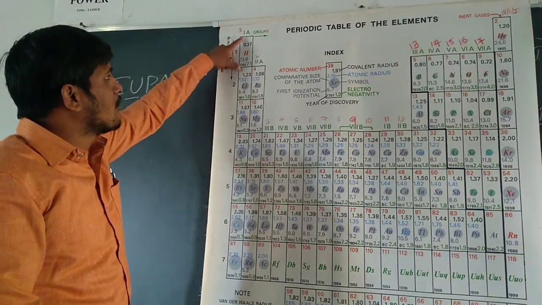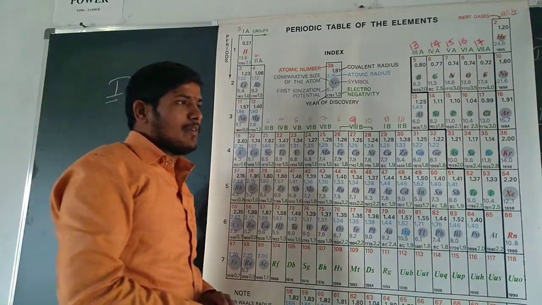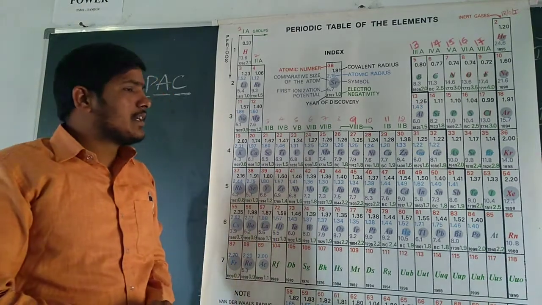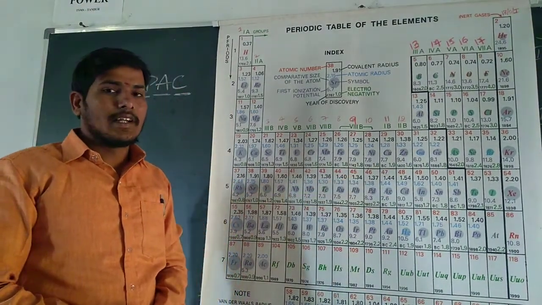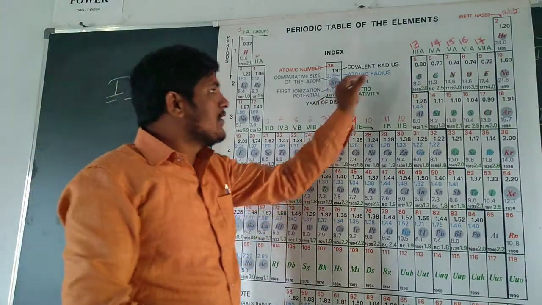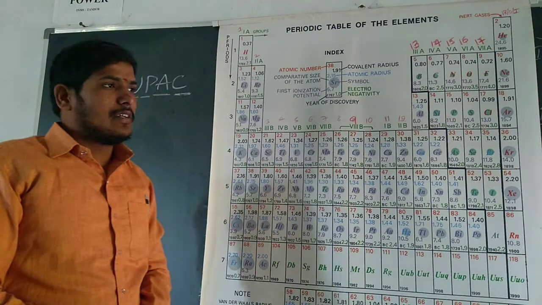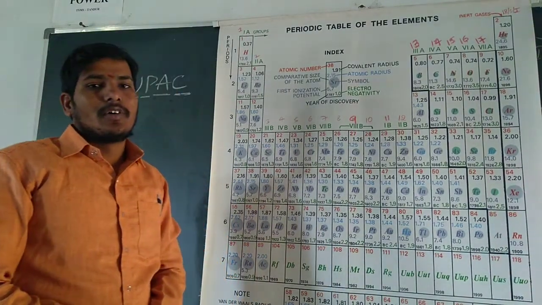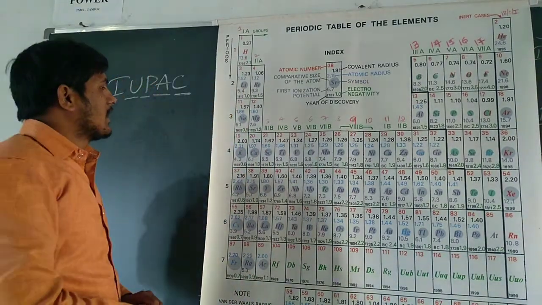All the 10th class and intermediate students must note and remember up to 30 elements, and each group of elements individually. Only then are you able to attempt the examination. Listen here carefully.